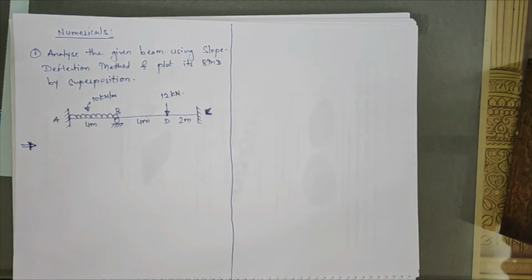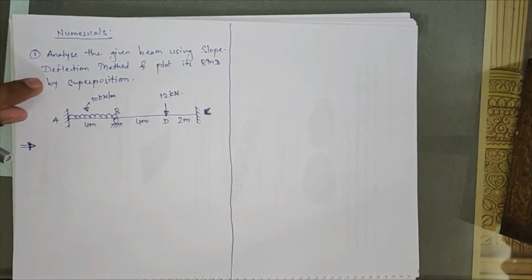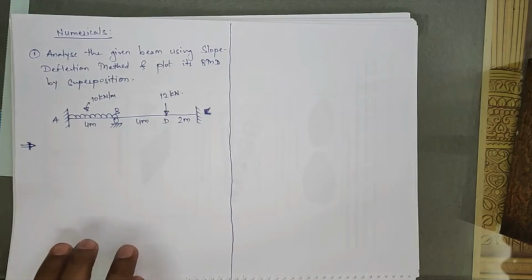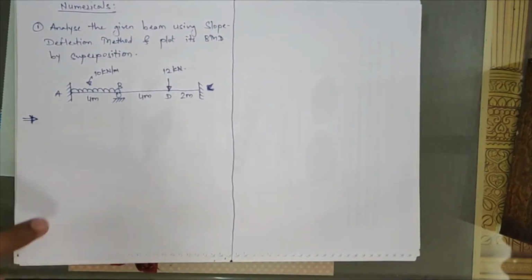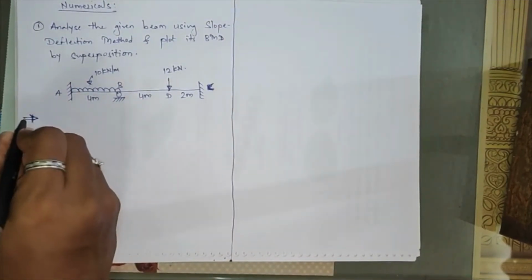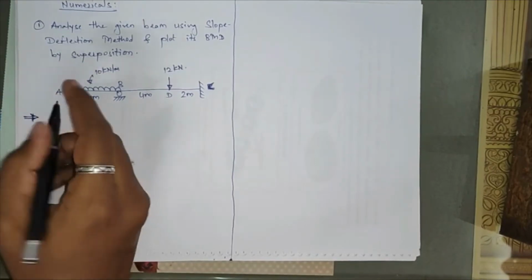These diagrams we have seen in SA1, in fixed beam calculations. Superposition diagram means your span moments are superimposed on your support moments. We'll see that further while drawing the diagram. Okay, so I'll go for the solution.